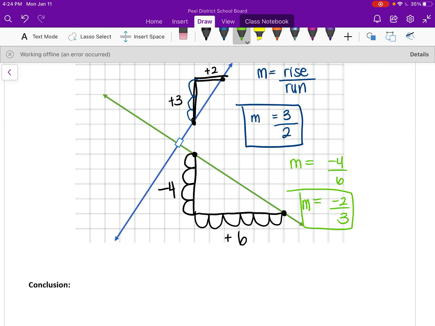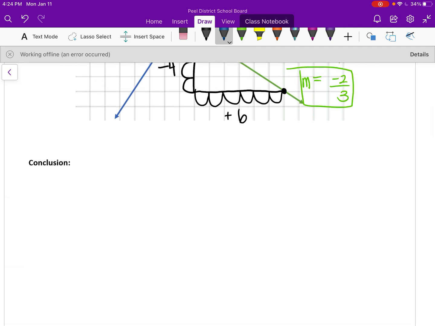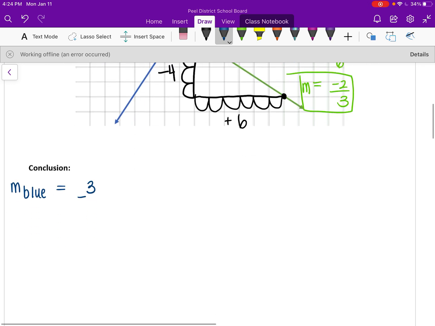So if we're going to compare these two slopes, the slope of the blue is equal to 3 over 2. And then the slope of the green is equal to negative 2 over 3, right?